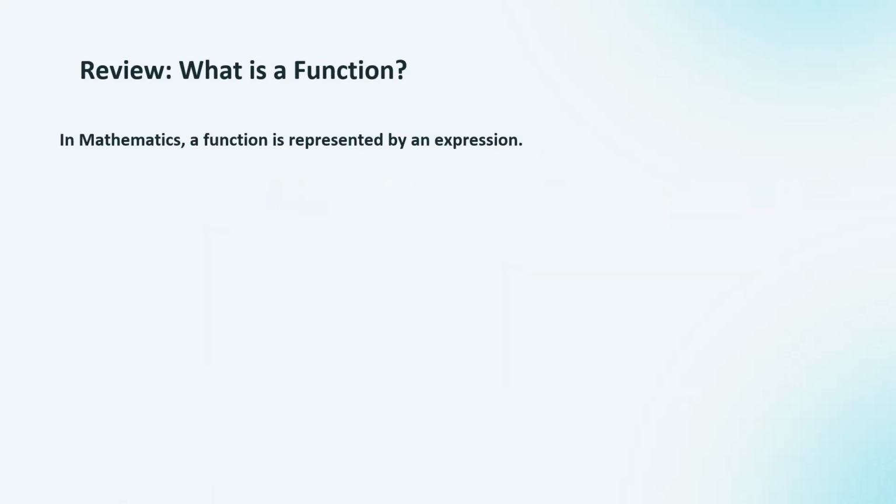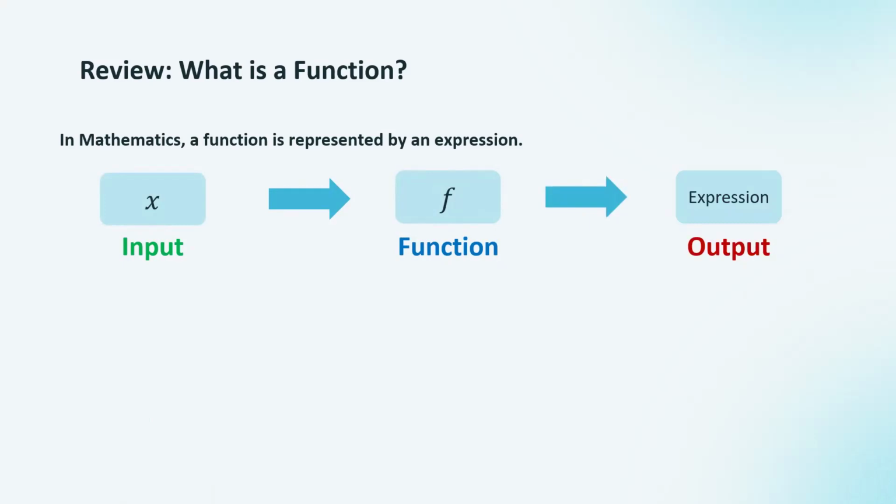Now, in mathematics, a function is represented by an expression. If x is the input and we have a function usually denoted as f, the output is going to be an expression on the right side of the equation. Let's see an example. It's going to be f(x) = x + 2. Now, the left side is pronounced "f of x".